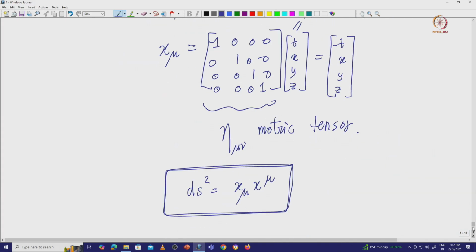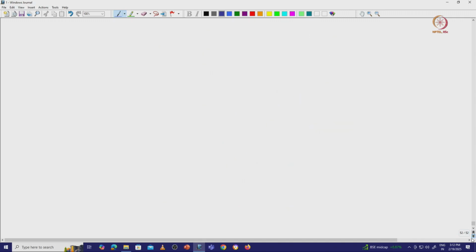Now, how do you make sure that this is invariant? Before going to that, I introduced you to a metric tensor with a minus sign on the time axis. There is also another possibility for the metric tensor: 1 0 0 0, 0 minus 1 0 0, 0 0 minus 1 0, 0 0 0 minus 1.